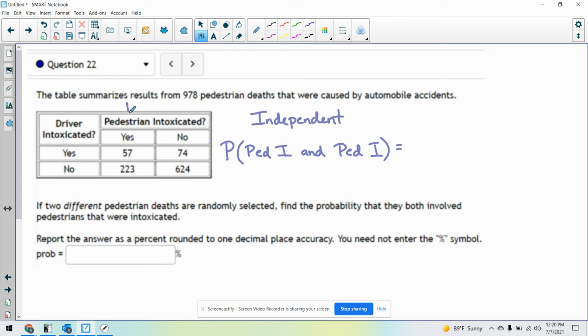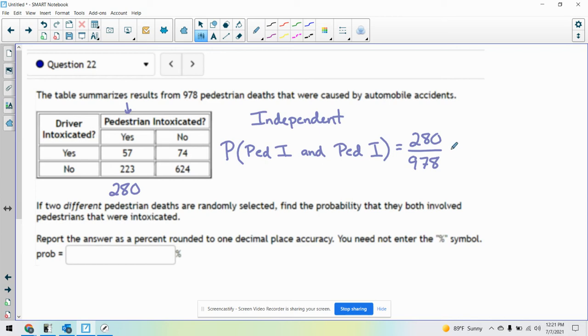Well, we're just going to add up the results from the yes column for that. 57 plus 223 is 280. So this is going to be 280 divided by the total, 978. Of the 978 accidents, 280 of them involved pedestrians who were intoxicated.